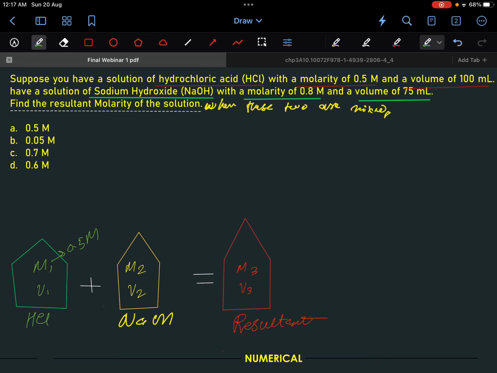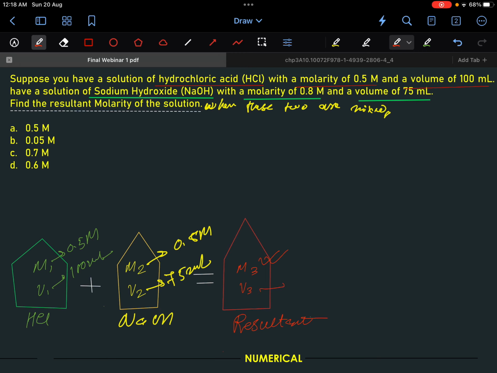And what is the volume? The volume is 100 ml. And what is the M2? M2 is for NaOH, it is 0.8 molar, right? For volume, it is 75 milliliter. Now M3 is not given, obviously we have to find the M3, and V3 is not given either.